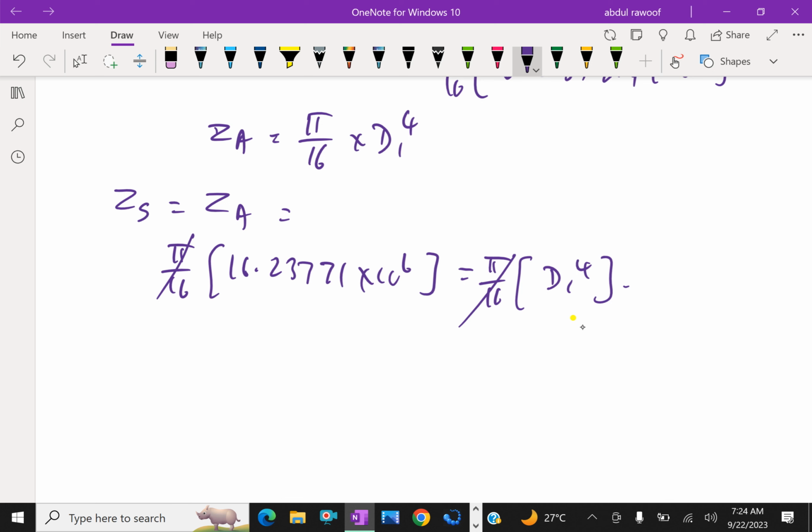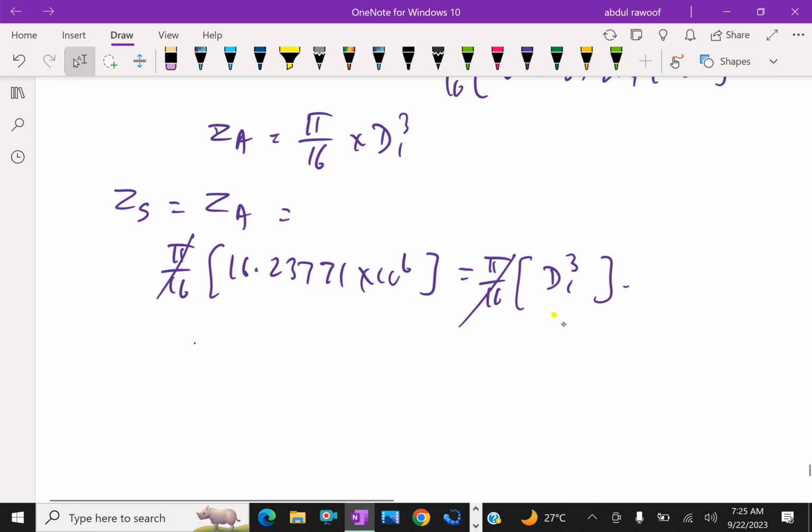Here D1 is for the alloy, because it's a solid shaft.